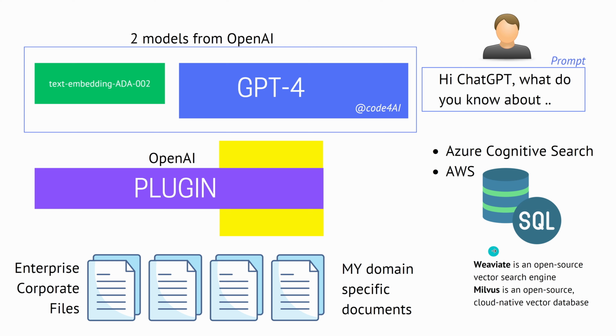Or if you like, I have here two open source possibilities, Weaviate, an open source vector search engine you can also host locally, or Milvus, an open source cloud native vector database. Whatever solution you choose, it is up to you. If you want to pay, if you want to build an open source system, those are our main components.